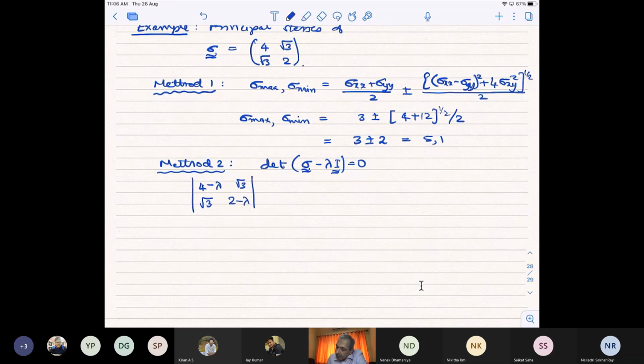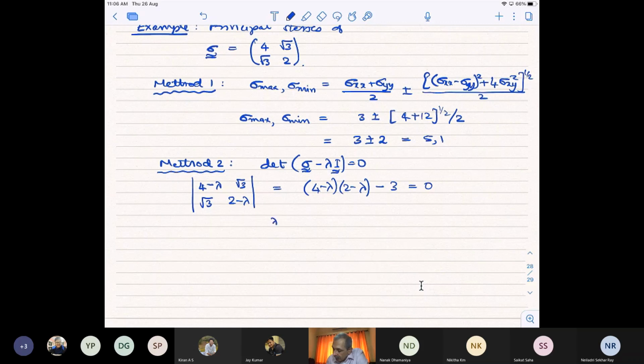So that is this matrix. Determinant of that, those two lines, is equal to, now you will remember, this is just 4 minus lambda into 2 minus lambda minus 3 is equal to 0.